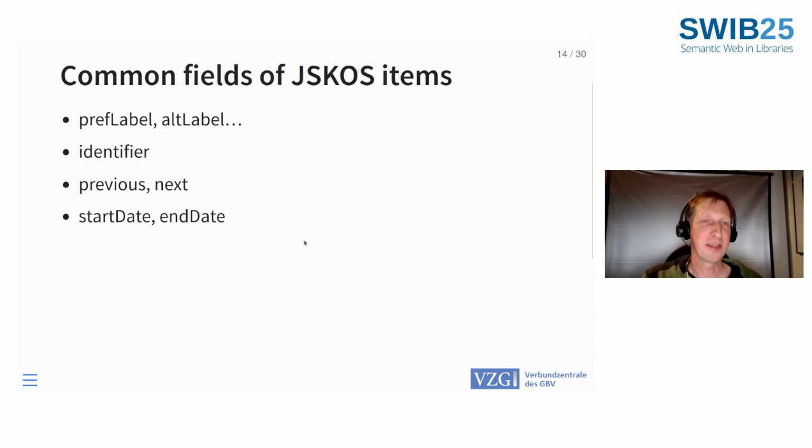And so it's a simplification of other ontologies. So this is not only for people but also for all kinds of entities. And from practice, fields often asked for are the location, so geographical information, address, or media files, so thumbnails or other kind of images.